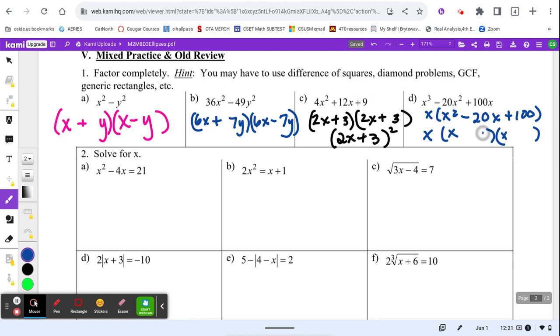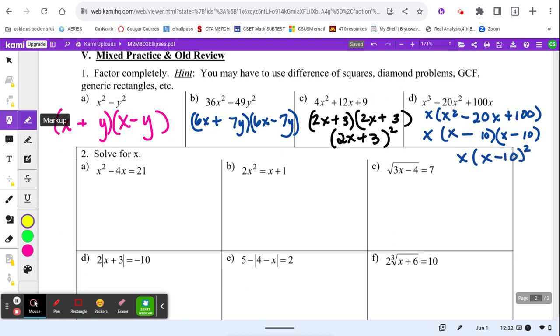X times x makes x squared. 10 times 10 makes 100. Negative 10x and negative 10x make the double middle term of negative 20x. What's a shortcut way of writing this? We could say x minus 10 squared. So again, these only wanted factors, so all of your answers are done with just these parentheses answers.